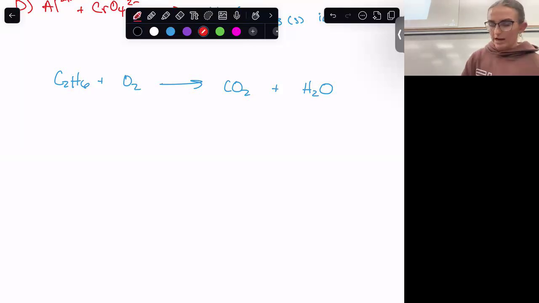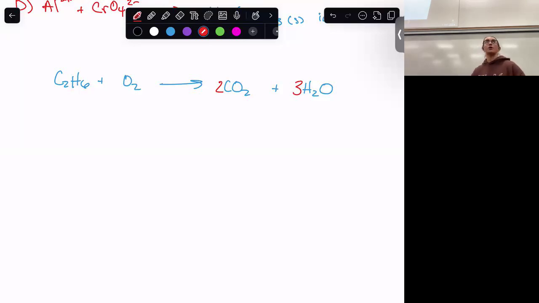Okay, so when I'm balancing an equation, I always go left to right. When I look at my first atom, I have carbon. I see that I have 2 on my left and 1 on my right. So I'll put a 2 in front of the carbon dioxide. I then have 6 hydrogens on my left and 2 on my right, so I'm going to put a 3 in front of the water.